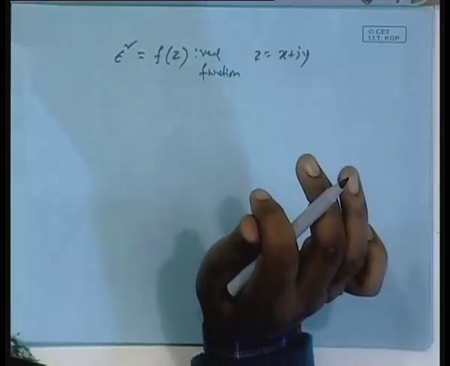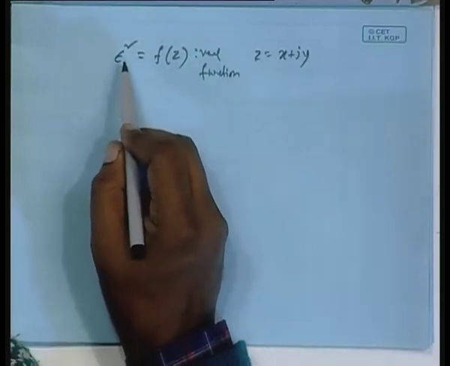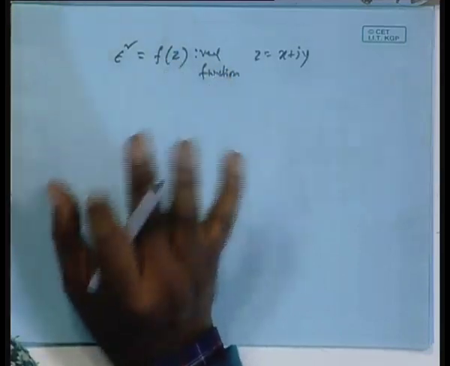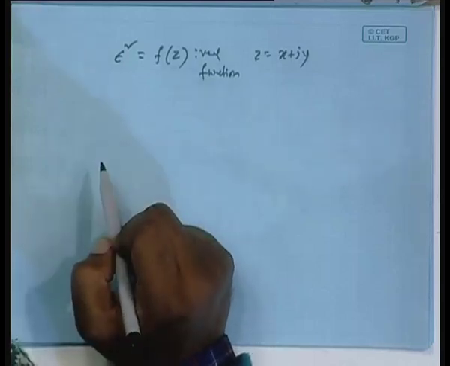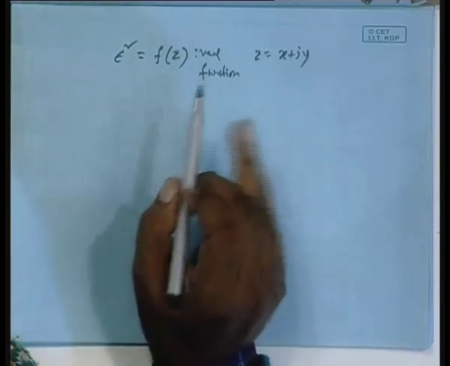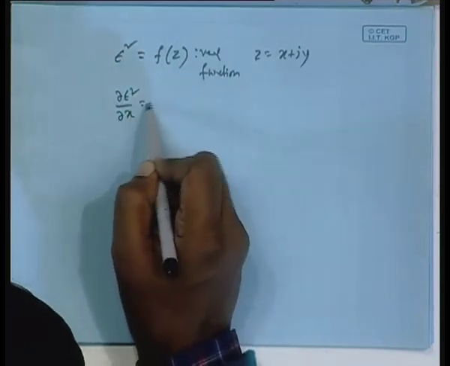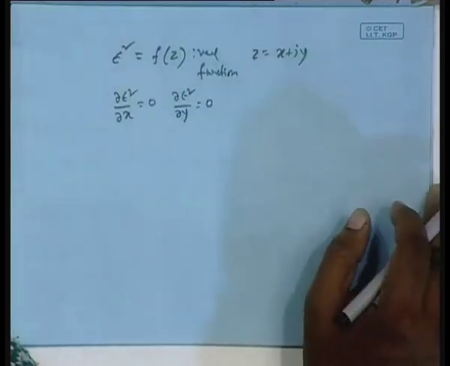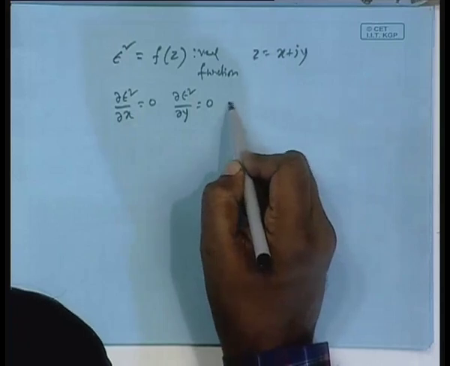I am to find the minima of this. Given it is a quadratic function or some function, I have to find the minima or maximum, whatever. I have to differentiate it and equate. That means I have to take del epsilon square del x equal to 0, and del epsilon square del y equal to 0, isn't it?